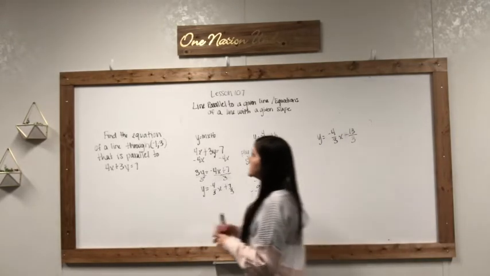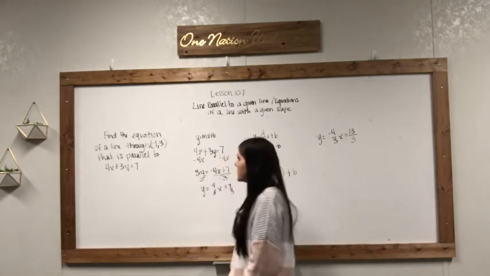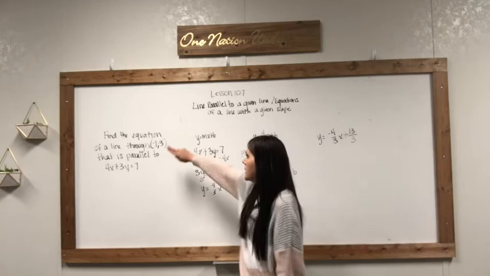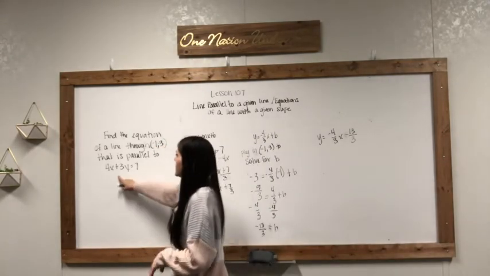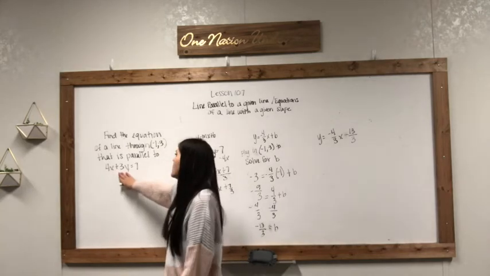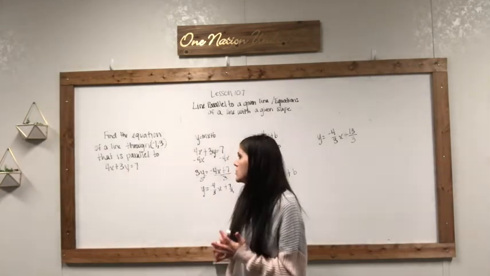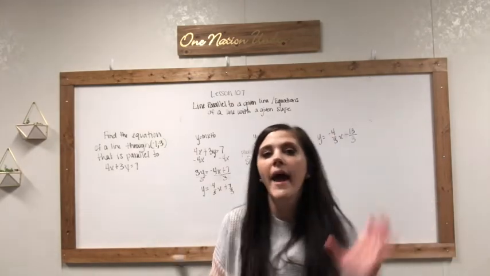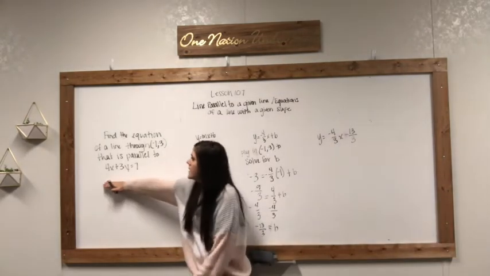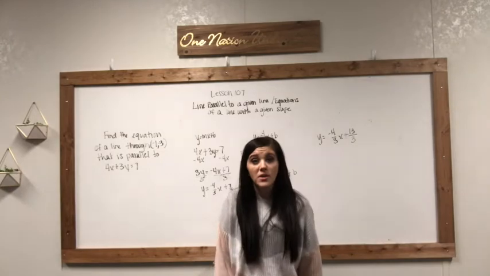This time it says find the equation of a line passing through point (-1, -3) that is parallel to 4x plus 3y equals 7. So what's different about this one is they do not already have this line in slope-intercept form.